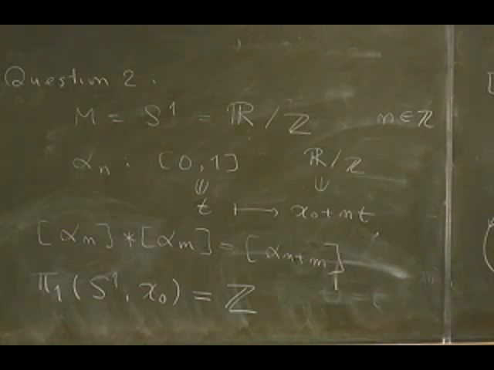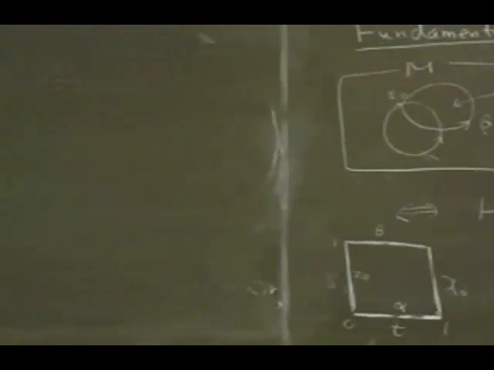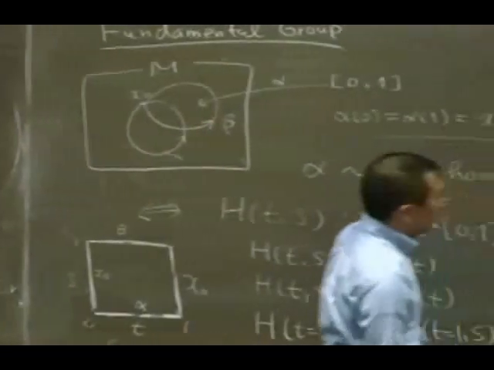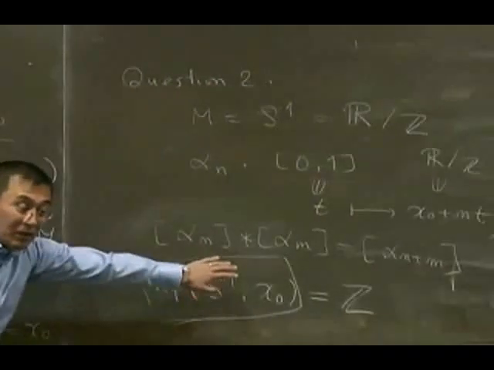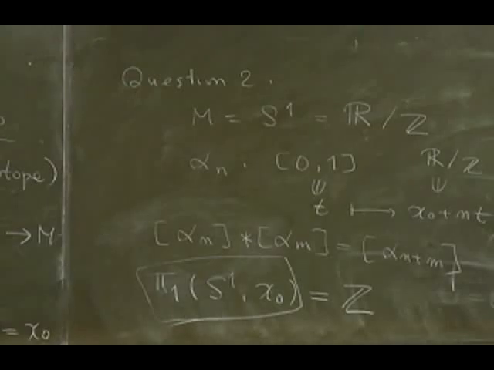Okay, so now let me ask question number 3. But before I ask question number 3, let me point out the following. So far, in my definition of this fundamental group, I didn't say it, but I'm going to denote the first homotopy group by pi 1 of M with base point x0.